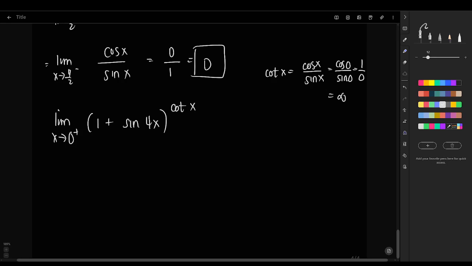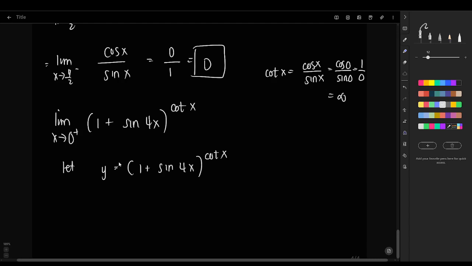So how could we pull this one off? This way we need some special simplification. This is what you call the indeterminate powers. So we let the given equation be y, so y is (1 plus sine 4x) to the power of cotangent x.